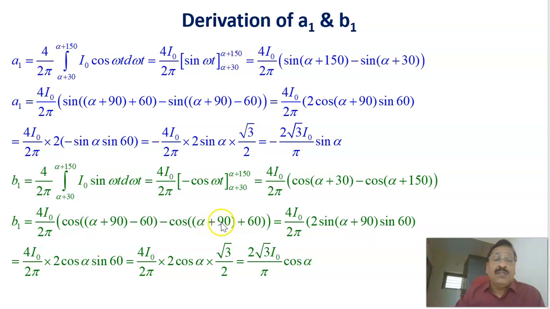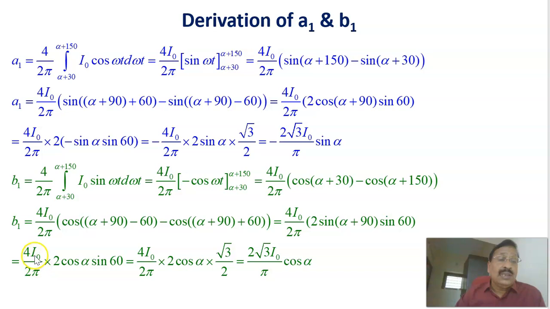Again, alpha plus 30 can be written as alpha plus 90 minus 60, and alpha plus 150 can be written as alpha plus 90 plus 60, so cos(A minus B) minus cos(A plus B), where A equals alpha plus 90 and B equals 60. Therefore, 4 I naught by 2 pi into twice sin A sin B, that is 2 sin(alpha plus 90) sin 60.